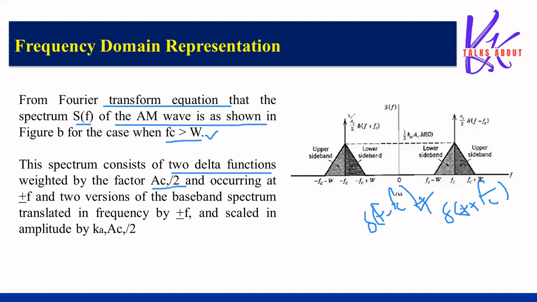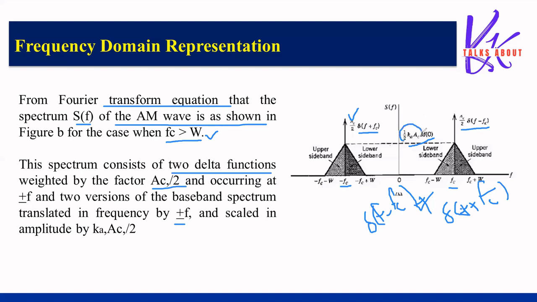You can see here there is an Ac by 2 and the delta functions delta of f plus fc and delta of f minus fc, occurring at both plus and minus fc. One is at plus fc, the other is at minus fc, along with two versions of your baseband spectrum translated in frequency by plus or minus fc and scaled in amplitude by Ka into Ac by 2 into M of 0.